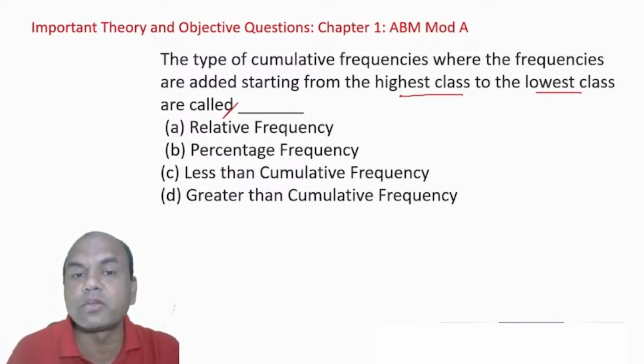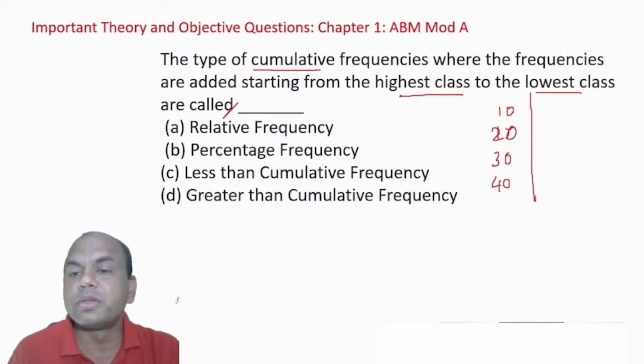Firstly, what is cumulative frequency? What is the meaning of the word cumulative? Suppose I write it like this, let's say 10, 20, 30, 40, and I go on writing. Cumulative means addition of all the numbers before this number.